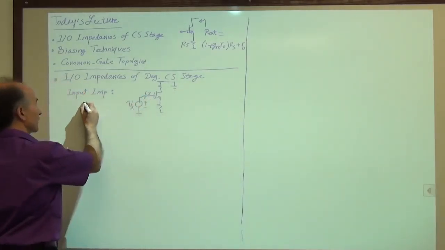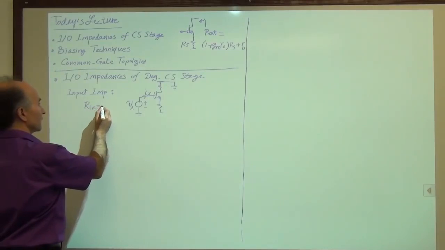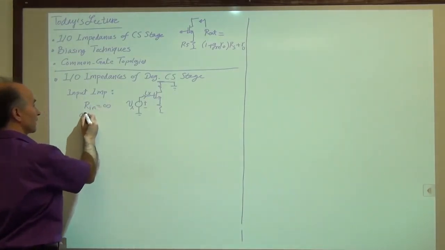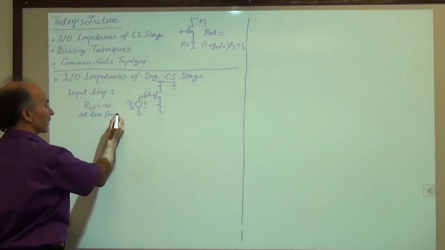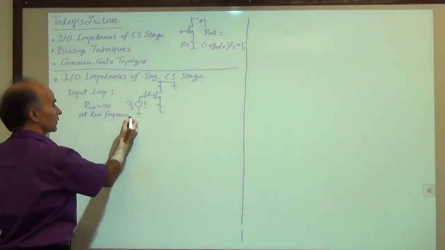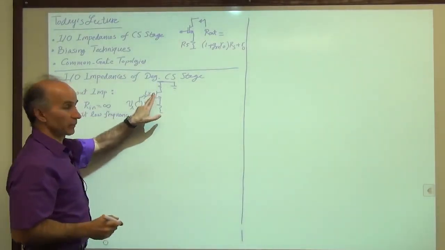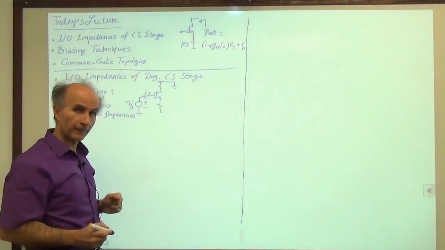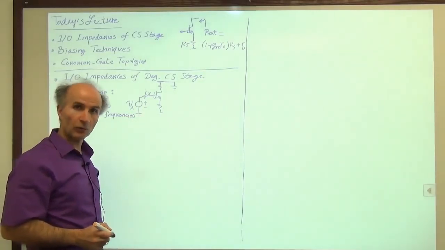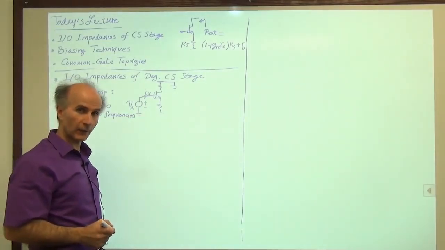So we say Rin is infinity at low frequencies. At higher frequencies, we do need to worry about the capacitance between this gate and this channel, that C aux that we talked about before. But at lower frequencies, we don't have any appreciable current flowing through the gate.